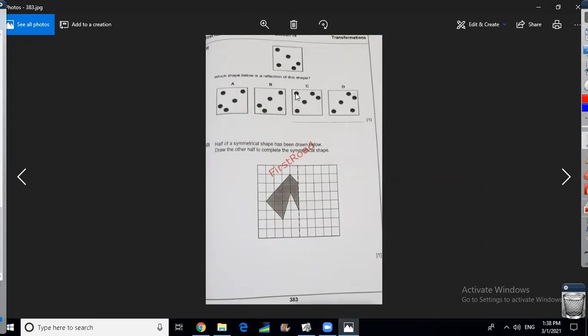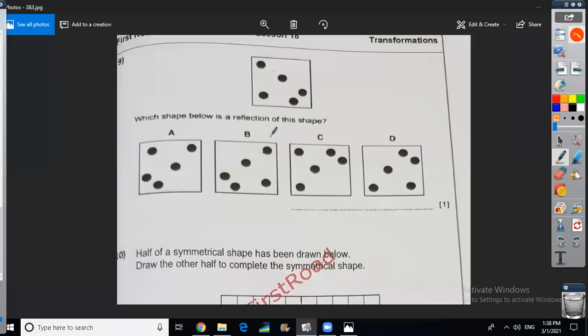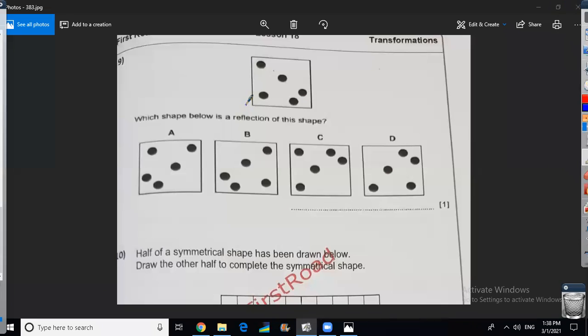All right, it says here, which shape below is a reflection of this shape? If I imagine that this is a mirror line, then this one here needs to be very close, and this one here needs to go a little bit further, but diagonal with the first one that I drew.